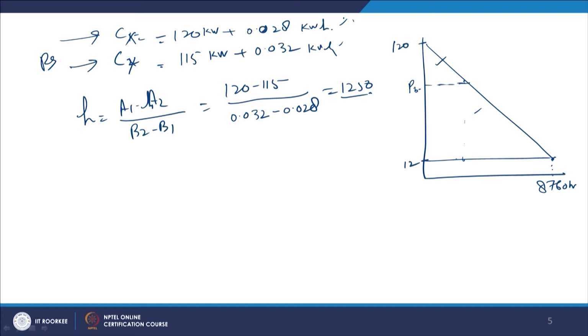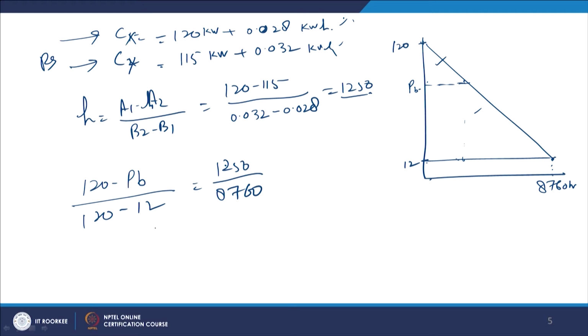Now, P base: 120 minus P base divided by 120 minus 12. This divided by this is equal to this divided by this, so it is equal to 1250 divided by 8760.